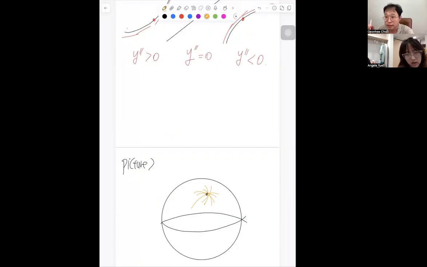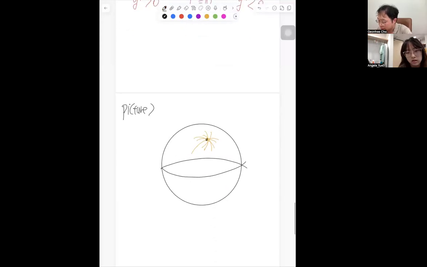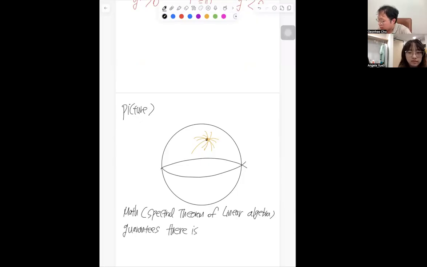Then the spectral theorem in linear algebra, you can cite as a fact, guarantees there is a maximum of curvature, of some curve, and also a minimum.